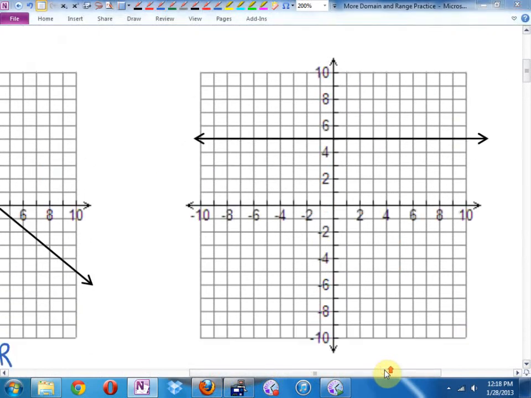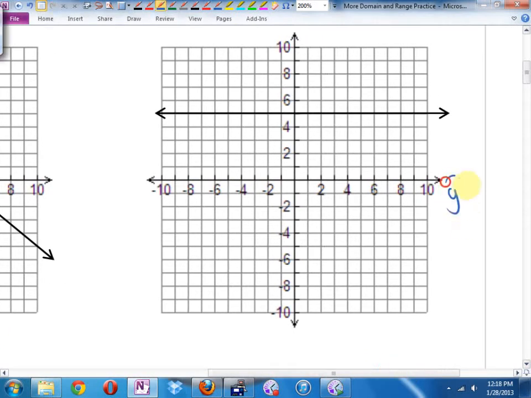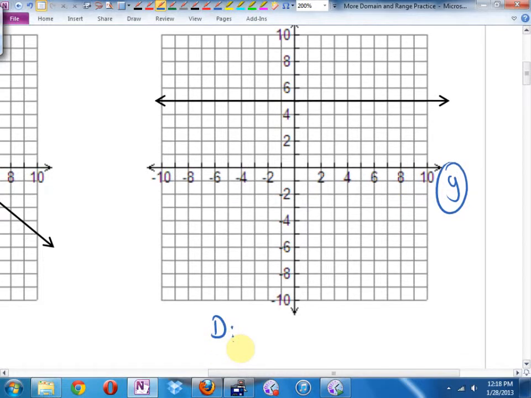All right. This one. Function or not? It is? Yes, Y for yes, N for no. Domain. -infinity to positive infinity.